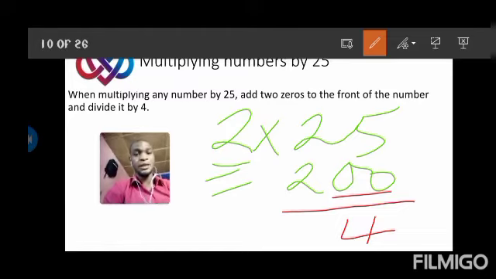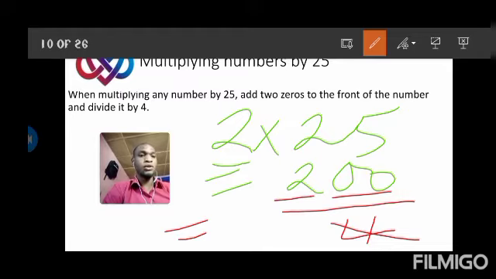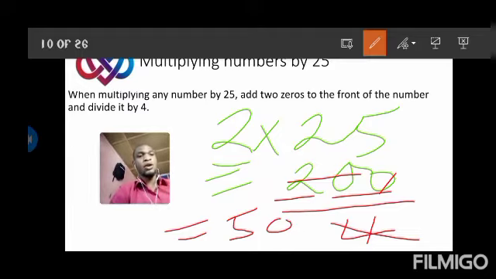So I have to divide it by 4. 4 in 2 cannot go, so 4 in 20 is 5, then 4 in 0 is 0. So the answer becomes 50. I think that is somewhat clearer.